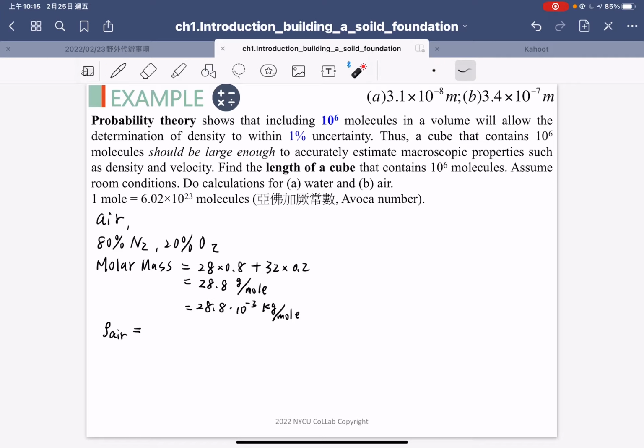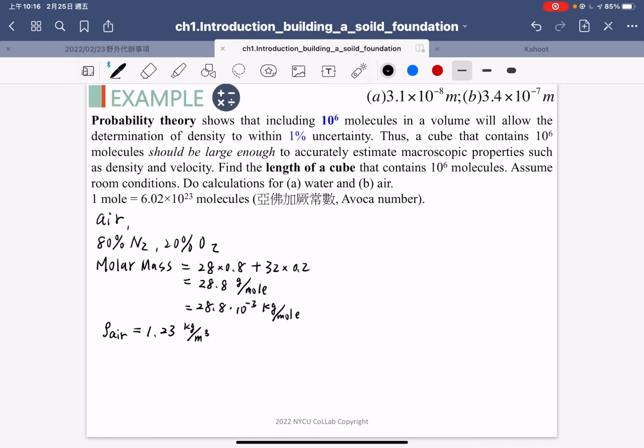And again, we focus on the conditions, the room conditions, an environment like here. Usually for room conditions the air density is around 1.23, and the unit here is kilograms per cubic meter.